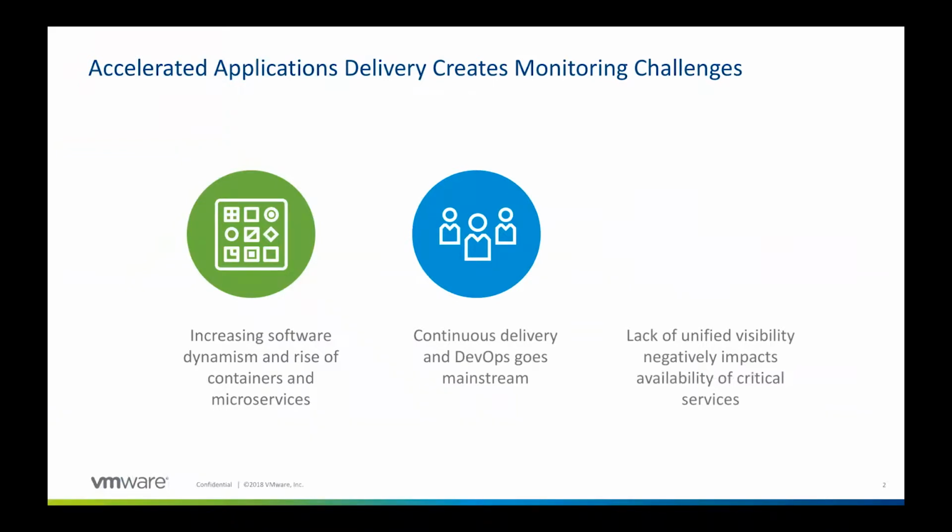So what we have in the modern world of DevOps is this increasing software dynamism and the rise of containers and microservices. But there's a trade-off. Back in the day when we would install services, or maybe even use the cloud to deploy systems, you would capture a certain set of metrics, and that would scale naturally.